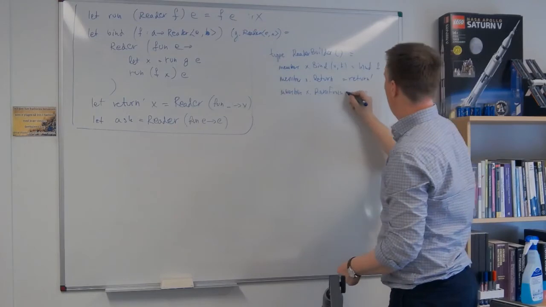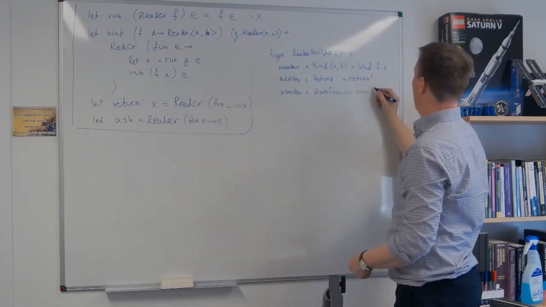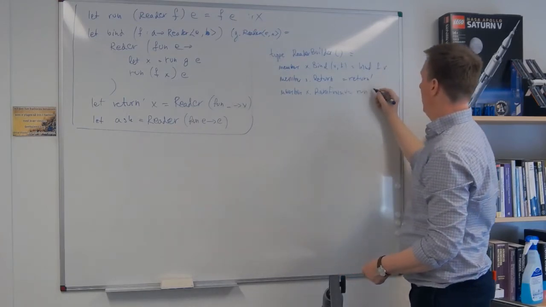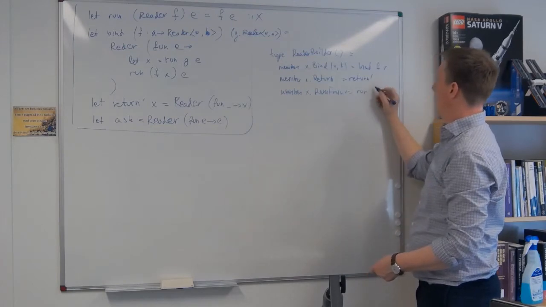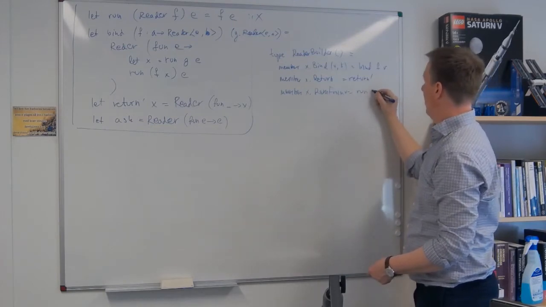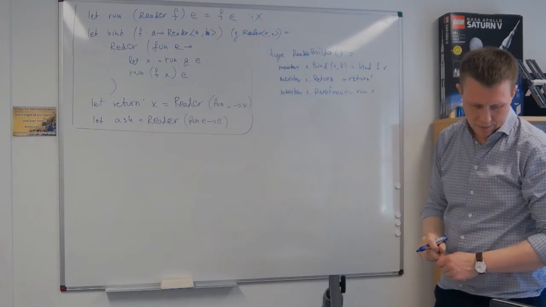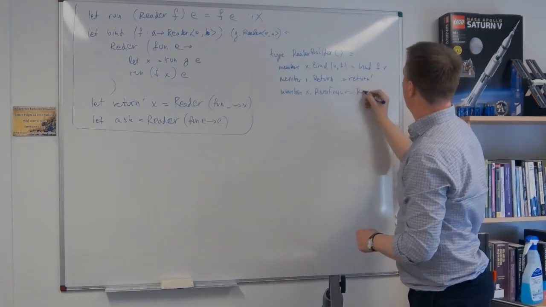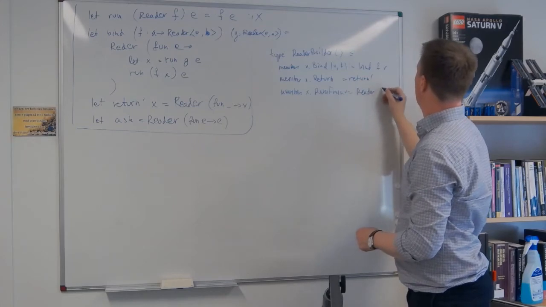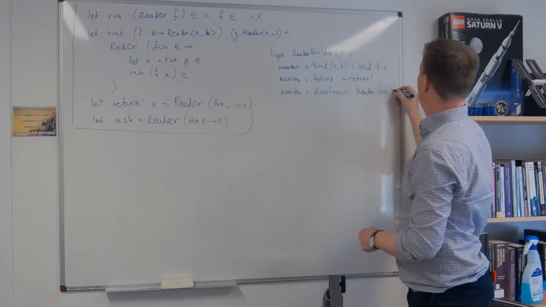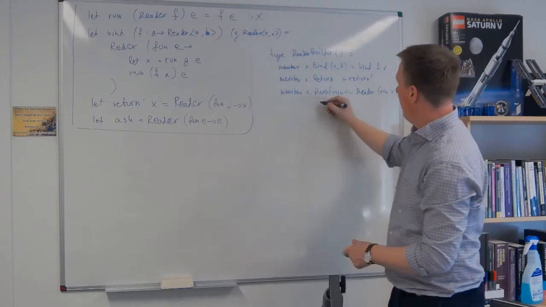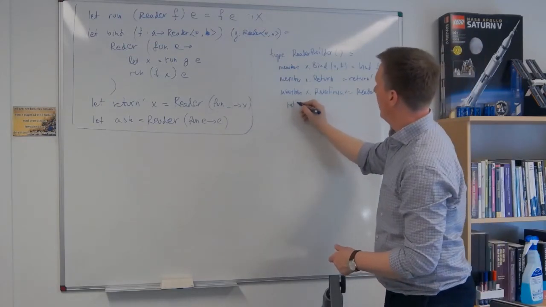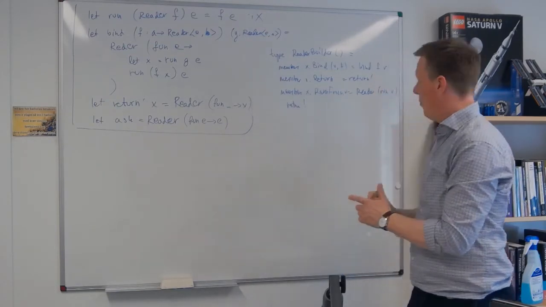Oh, I need a value there. Return run v, I think it should be. Oh, sorry, reader run v. So this is the one where I have the return bang in the computation expression.